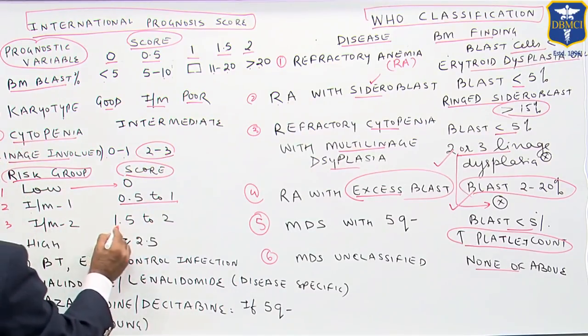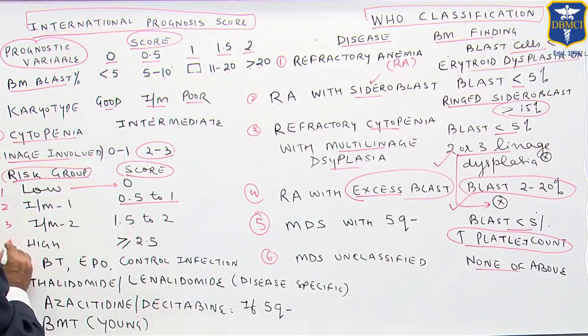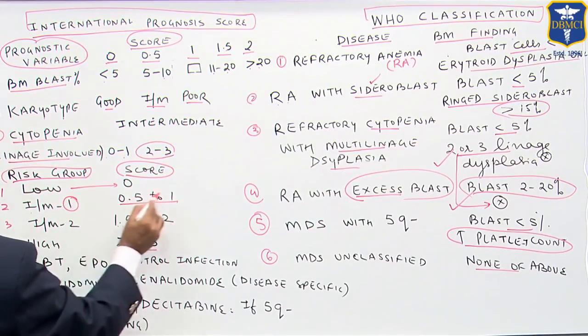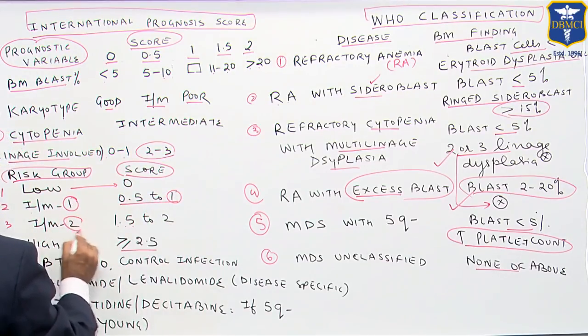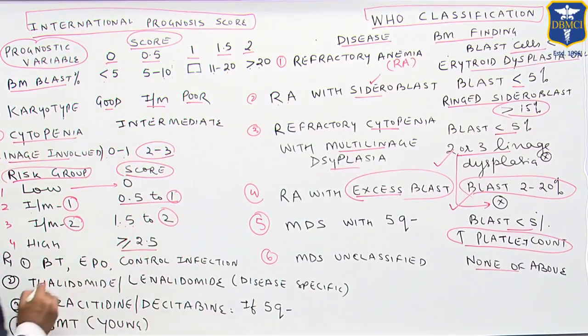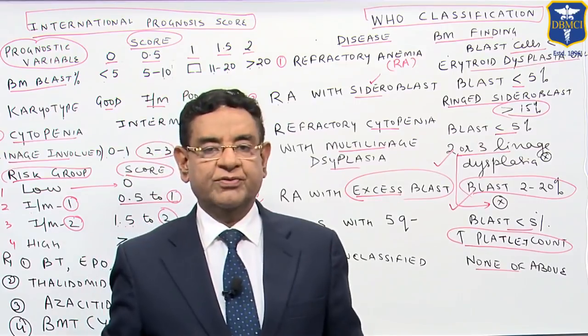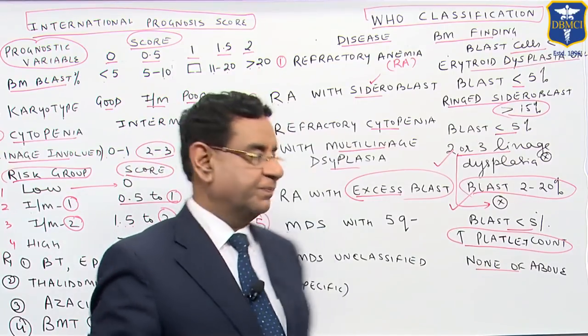Intermediate 2, 1.5 to 2. High, more than 2.5. How to remember? Intermediate 1 is 1, intermediate 2 is 2. This is the international scoring for the risk factor.